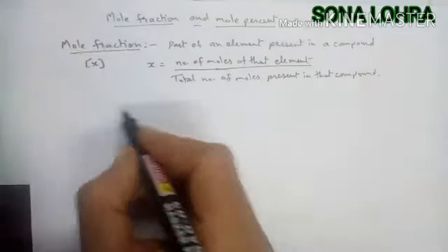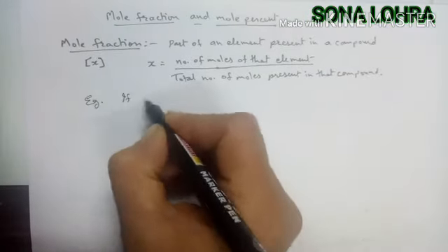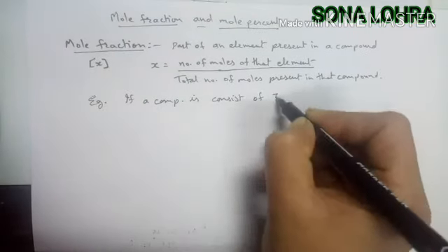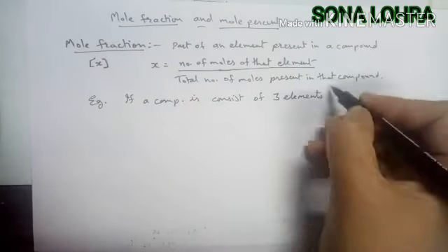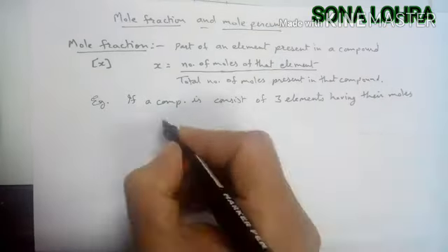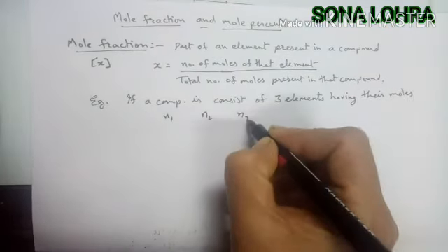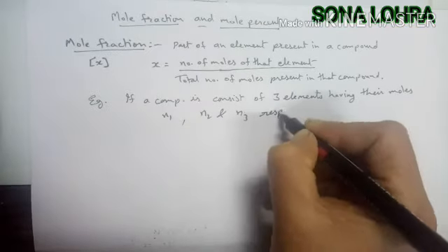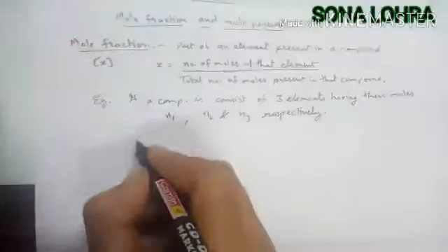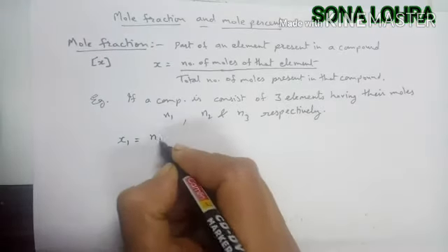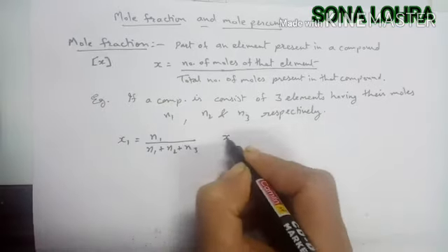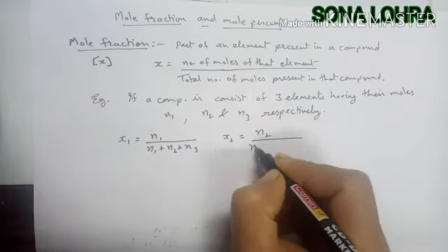Suppose we have a compound containing 3 elements with their number of moles N1, N2 and N3 respectively, then the mole fraction for the first element, whose number of moles is N1, is x1 equals N1 upon N1 plus N2 plus N3.